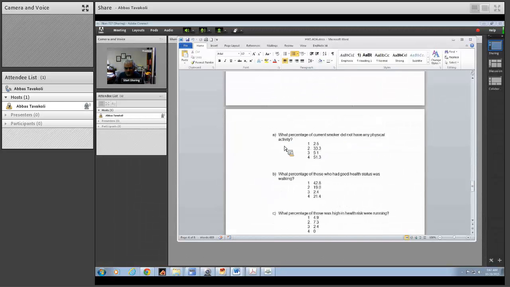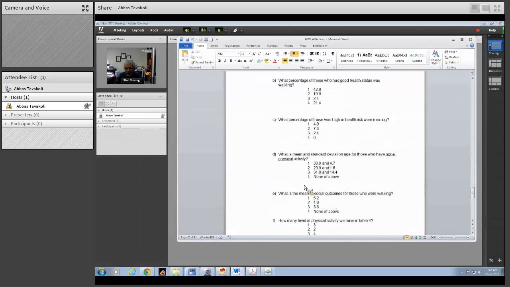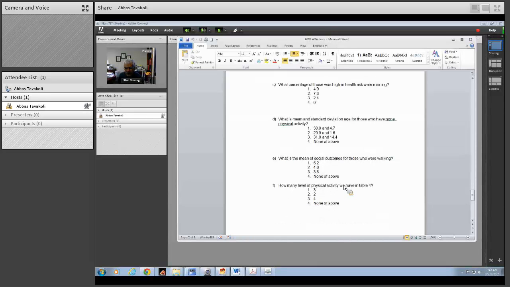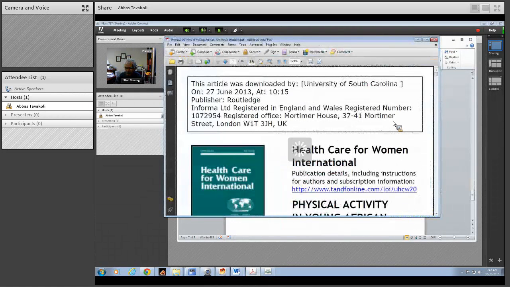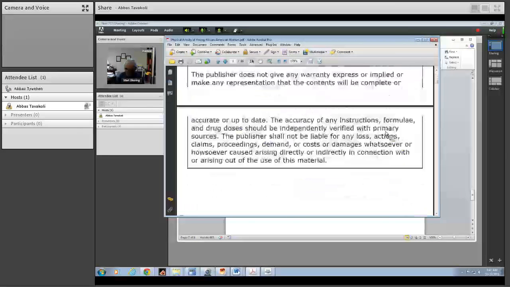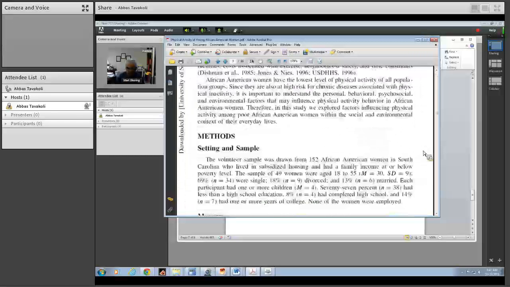And question 4, what I ask you to do is look at the physical activity and look at table 3 and answer these questions for me, and table 3 and table 4 from the manuscript.